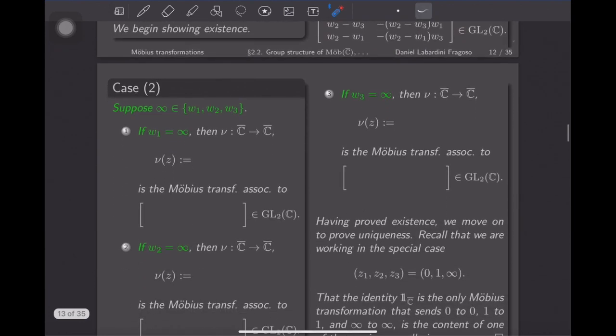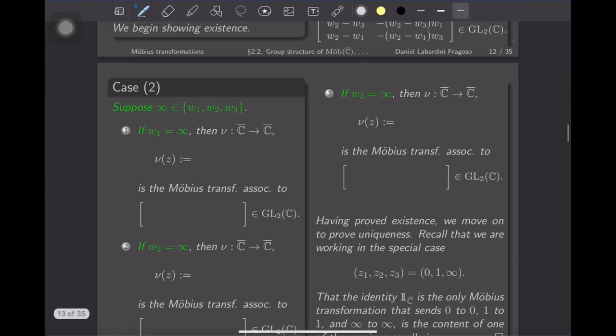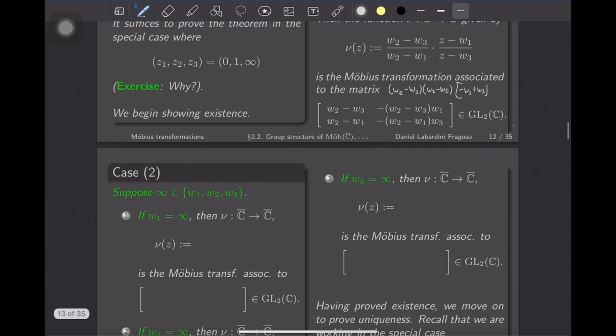Okay, now case two, I know what to do. Suppose that infinity is one of them, and then again infinity can be the first one, infinity can be the second one, or the third one. Okay, let's say that it's the first one, and remember that I want to send the first one to 0, the second one to 1, and the third one to infinity.